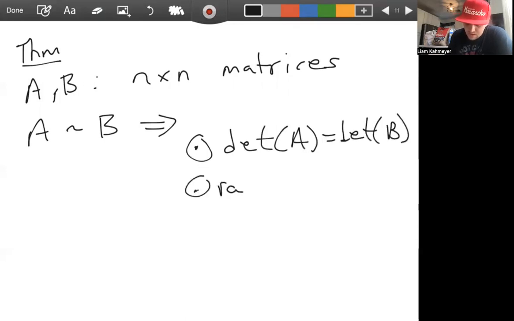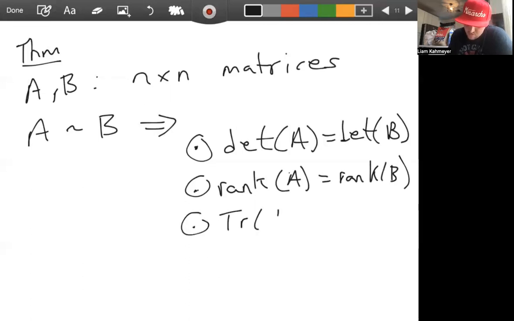The rank of similar matrices is the same. We also have that the trace of similar matrices is the same.